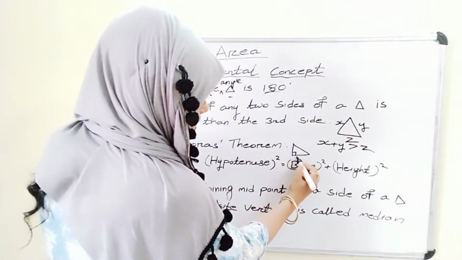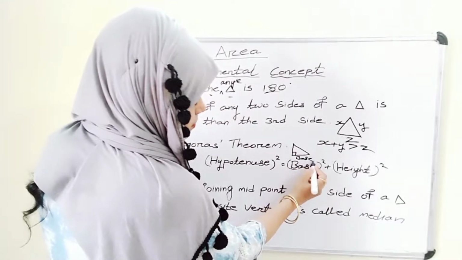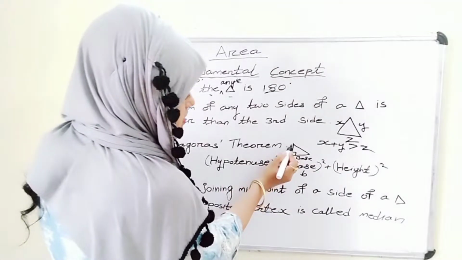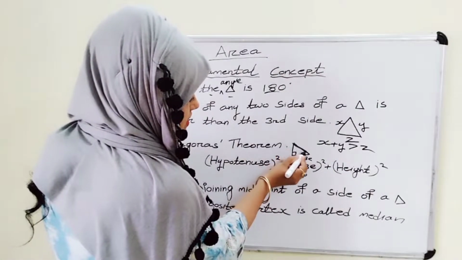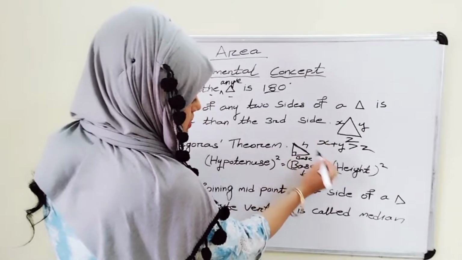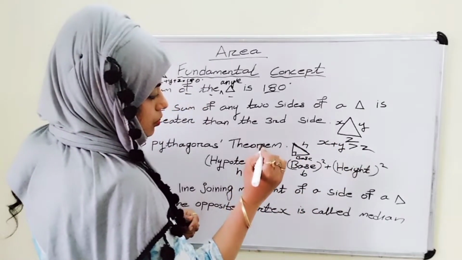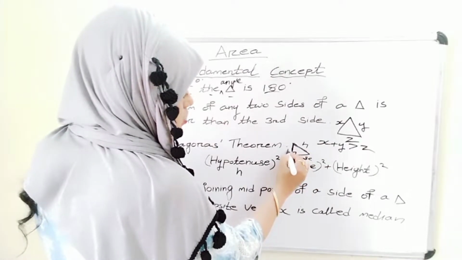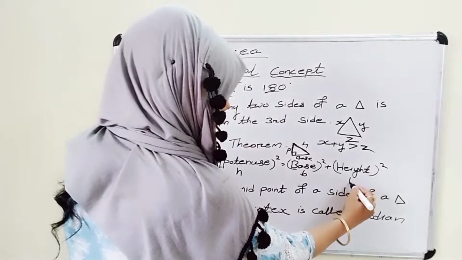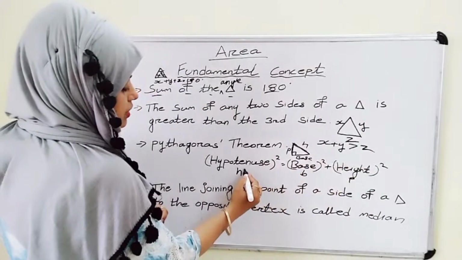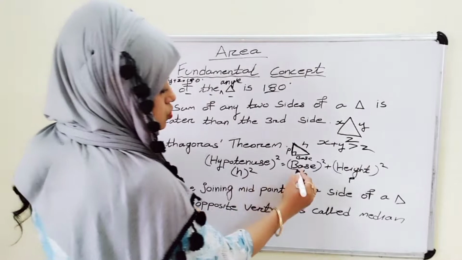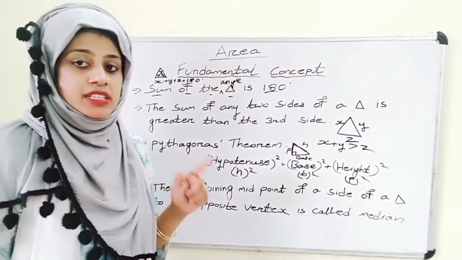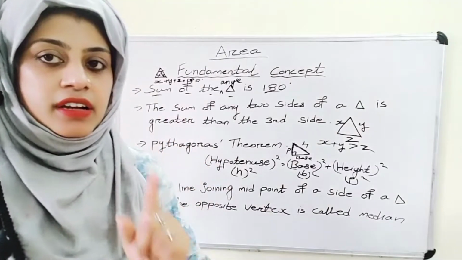The base is called B. The hypotenuse is the slant line, also indicated by H. The height is the perpendicular line, also indicated by P. So the Pythagoras theorem says H square equals B square plus P square. It is only applicable in the right angle triangle.